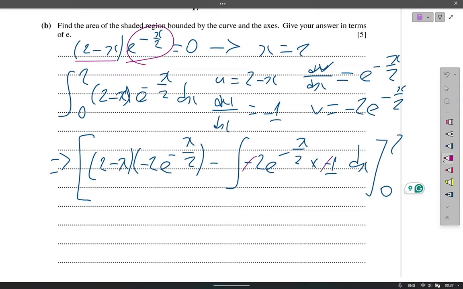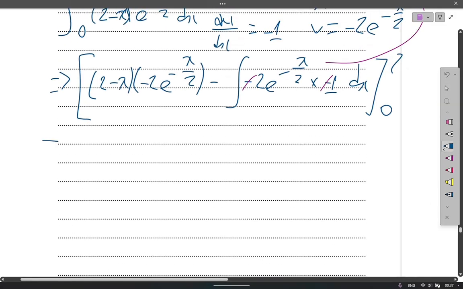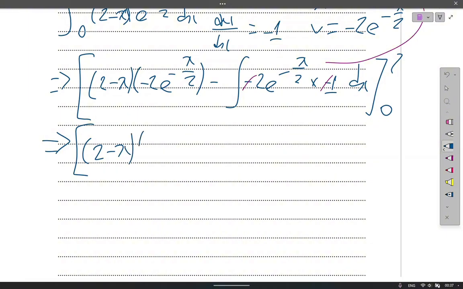So these x's cancel each other, and actually this function seems like this one. So the final form will look like this.